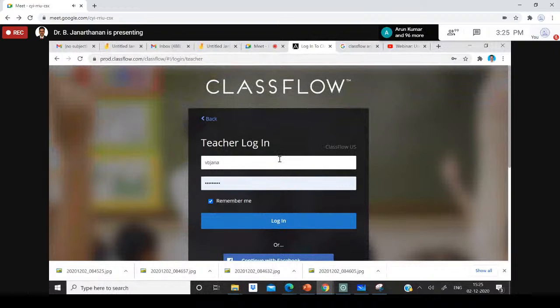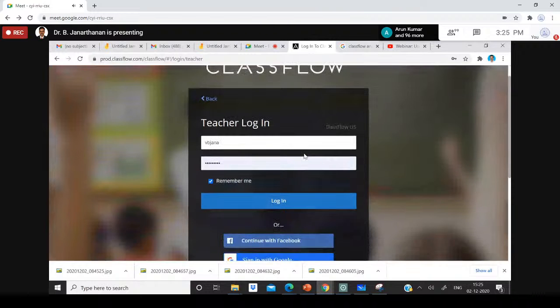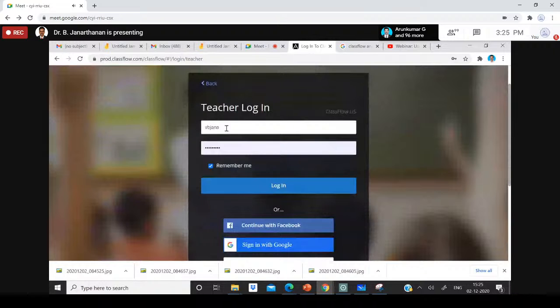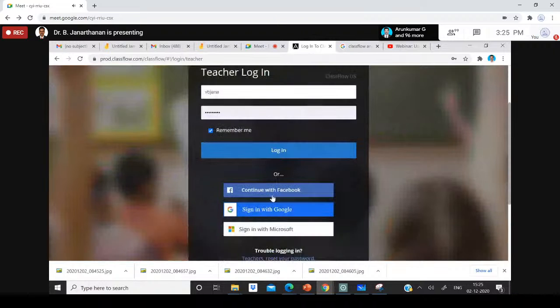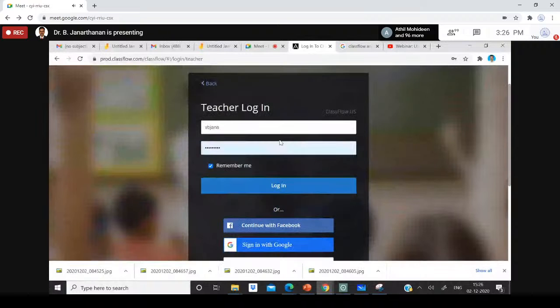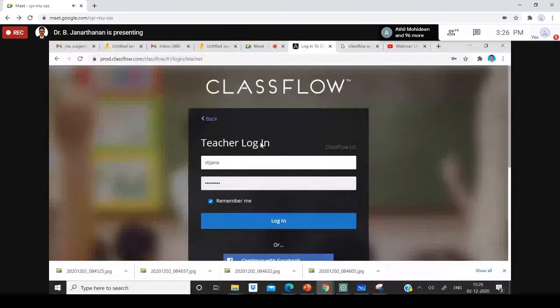You can log in as a teacher. You can either log in with your login credentials in ClassFlow, or you can use your Google credentials, or a Facebook account or Microsoft account to get into this ClassFlow. As I have a login account in ClassFlow, I log in with ClassFlow.